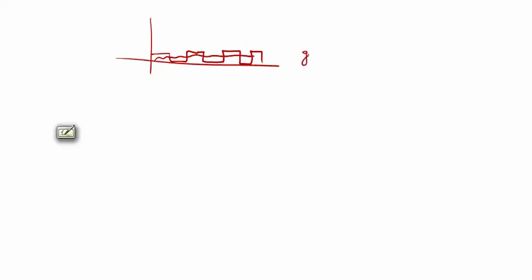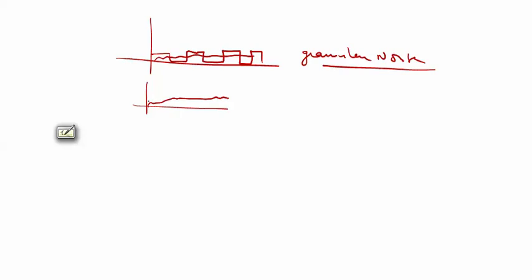This is known as granular noise. The solution for this problem is to reduce the step size. If we reduce the step size, the signal may follow small variations in the signal.